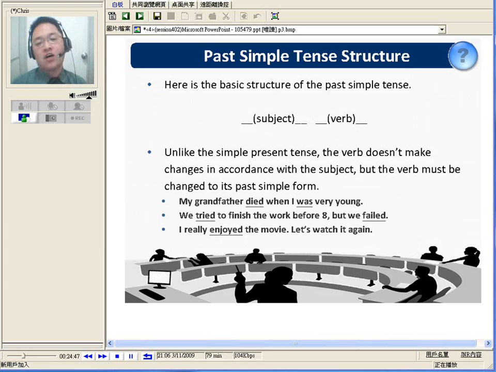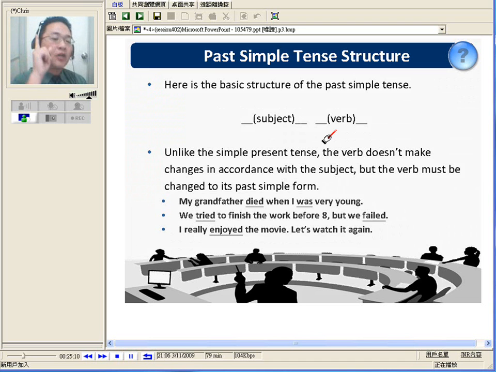First of all, I'm going to introduce you to the basic sentence structure. Basically, the word order is the same as simple present tense. So past simple and simple present are the same. We have the subject and the verb.